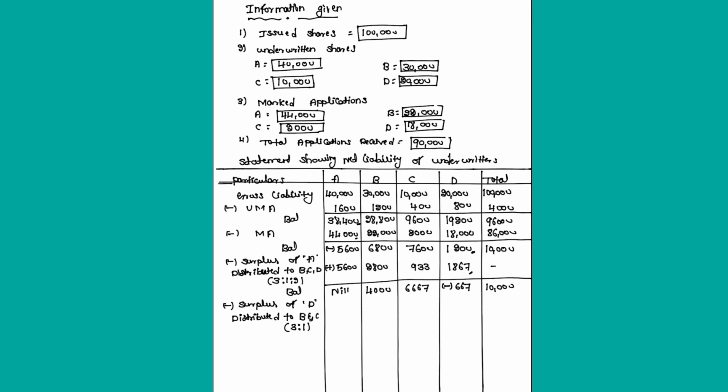According to that ratio we should distribute 667 to B and C. So B is equal to 667 into 3/4, and C is equal to 667 into 1/4. So B will get 500, C 167. Here plus 667. So take the balance.